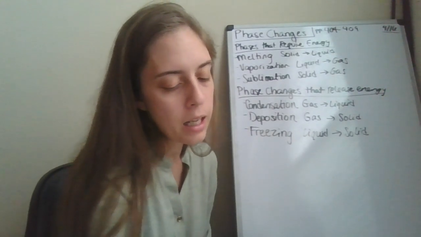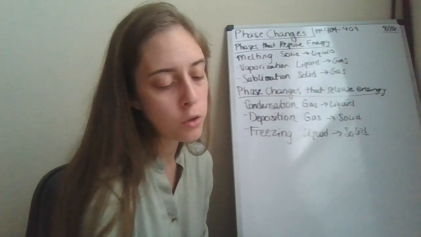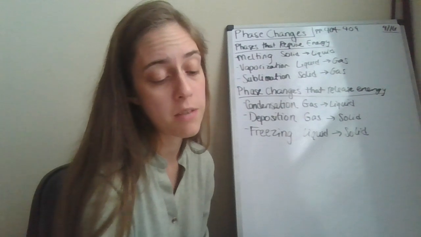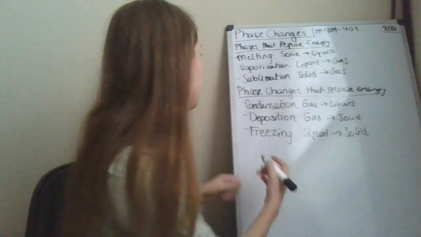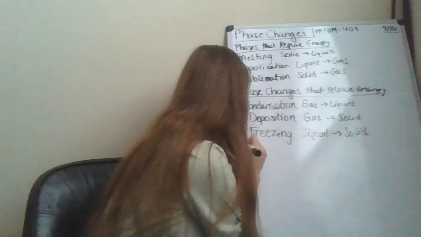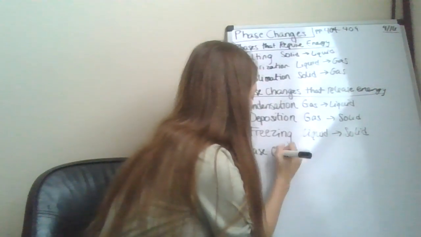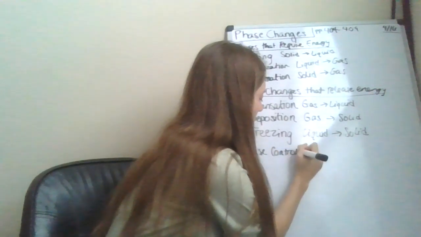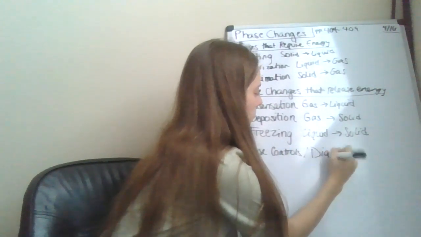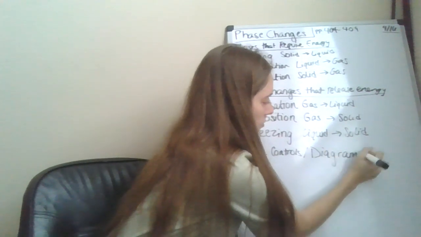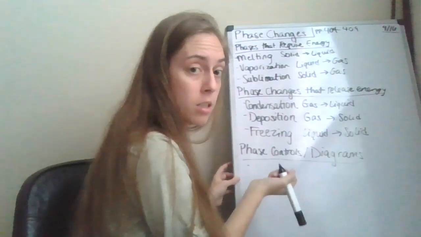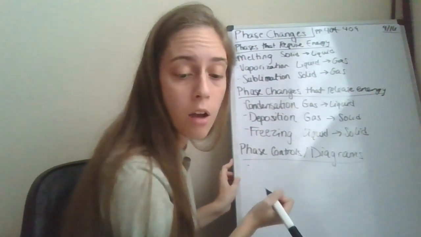Okay? So, phase diagrams. There are two variables that combine to control the phase of a substance: temperature and pressure. So if you're going to have a diagram, it's going to be a graph of pressure versus temperature.